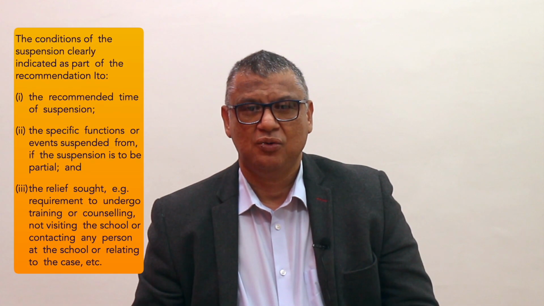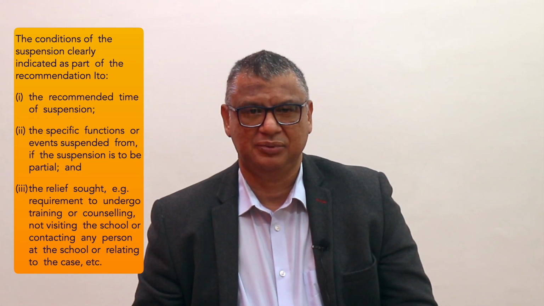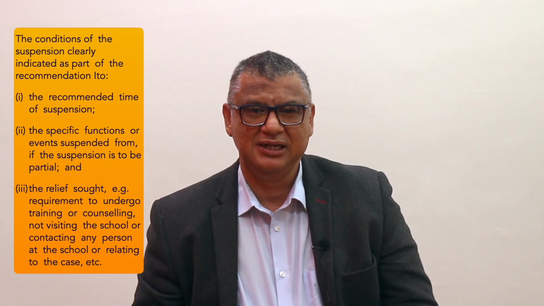The conditions of the suspension clearly indicated as part of the recommendation with regard to whether the time of suspension is recommended, the specific functions or events suspended from, if the suspension is to be partial, or the relief sought, for example, requirement to undergo training or counseling, not visiting the school or contacting a person at the school or relating to the case, etc.